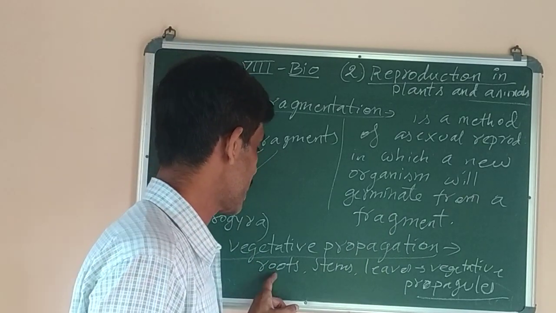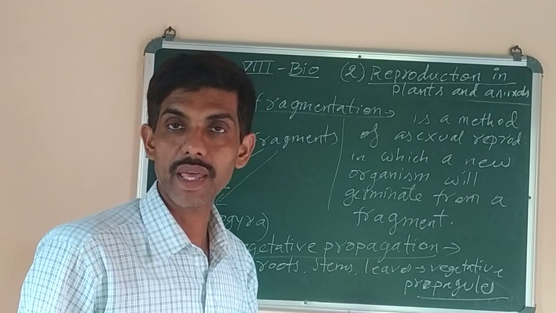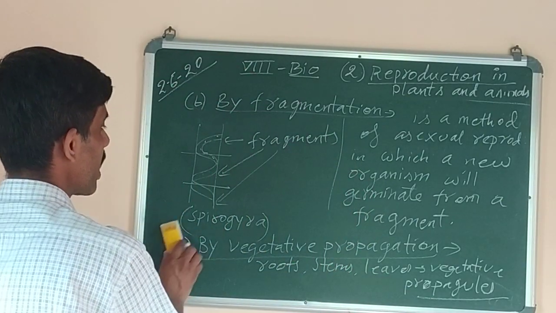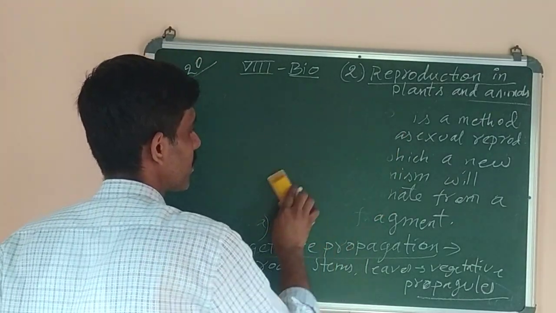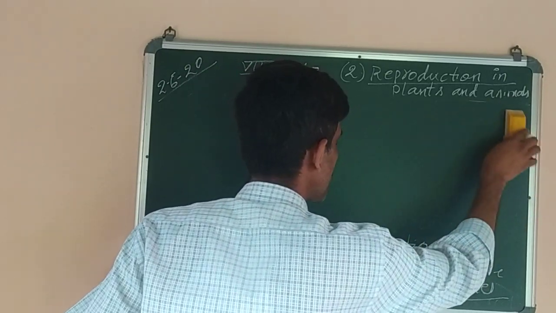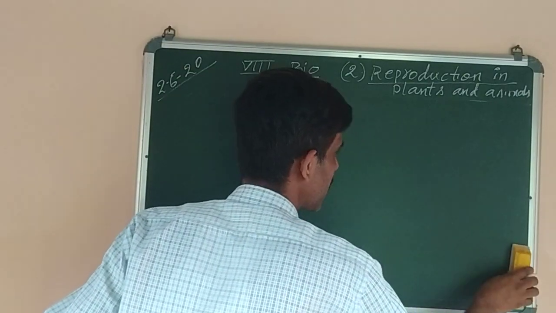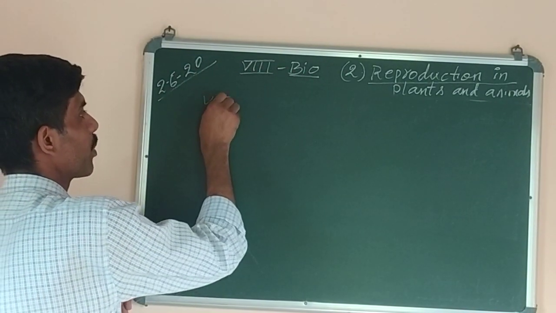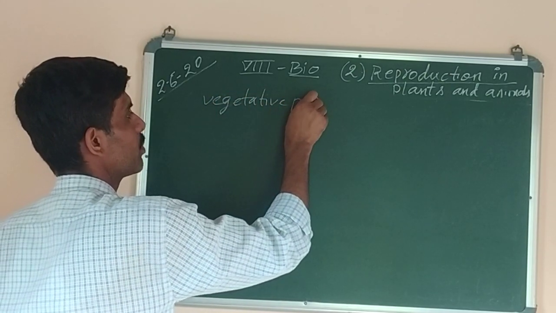Some plants can reproduce from the roots, others from the stems, and some other plants like Bryophyllum can reproduce from the leaves. So one by one we'll try to study the different types of vegetative propagation. First of all, the definition of vegetative propagation, then the types, and then the examples of each one of them. First, what is vegetative propagation? What is the definition we have to write first?